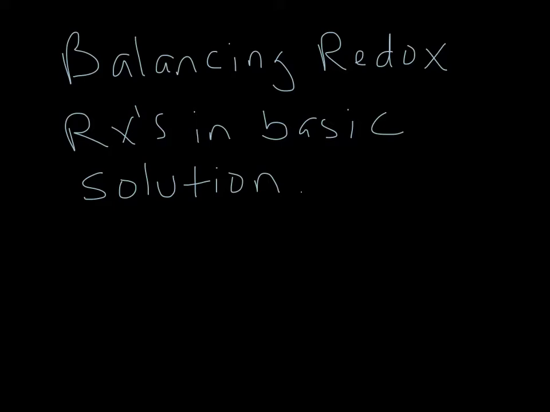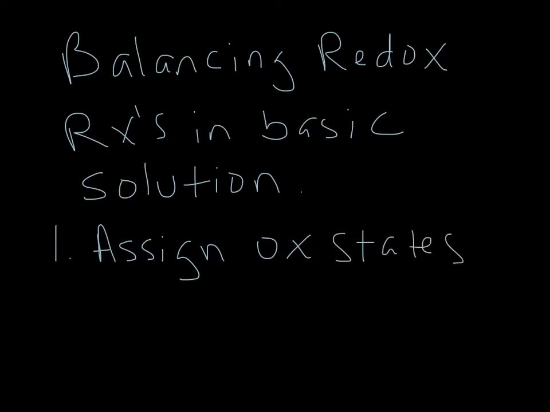So remember, the first step when you're balancing a redox reaction is to assign oxidation states to every atom. So you need to look at your equations and assign your oxidation states.